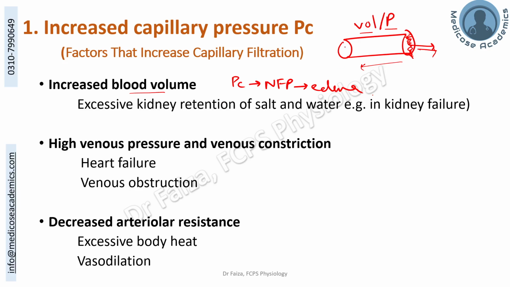Third, if we dilate this end, that is the arteriolar end, decreased arteriolar resistance. For example, vasodilation, for example, increased body temperature as seen in fever, the arteriolar dilatation will lead to increased fluid entering the arterial end of the capillary and thus increased hydrostatic pressure inside the capillaries.